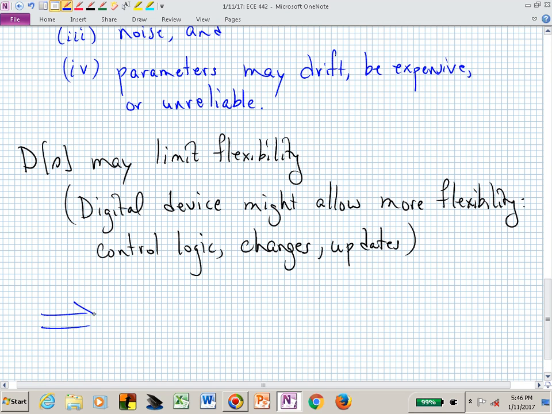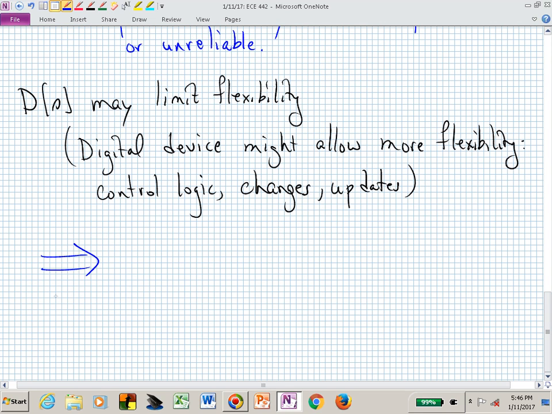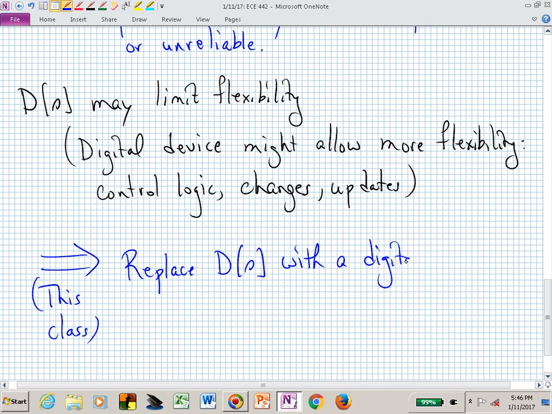That's what this class is worried about, and that is to replace this analog controller, D of S, with some digital device.